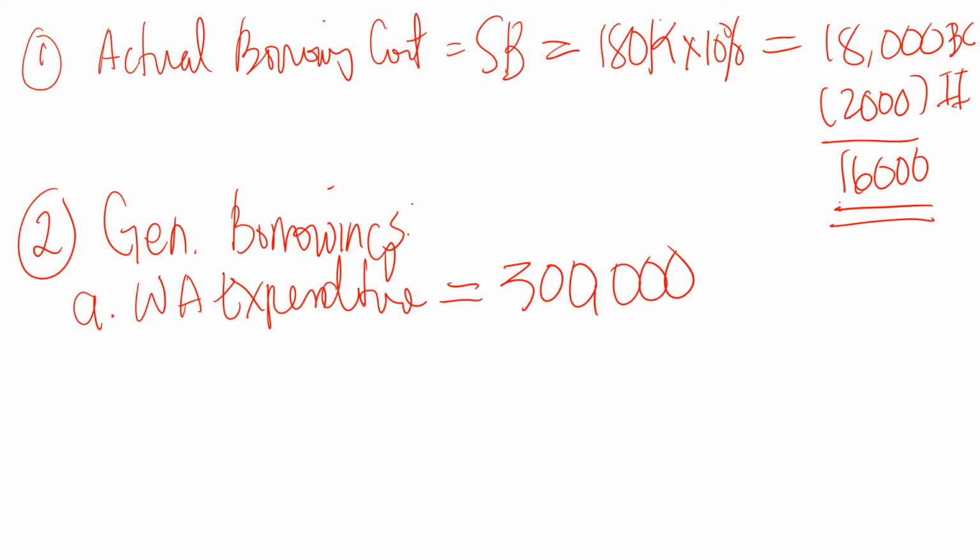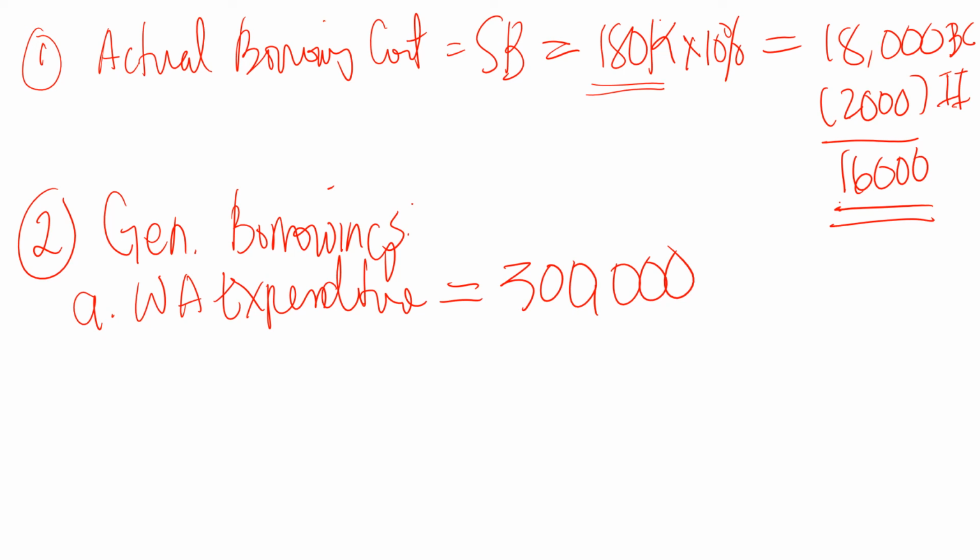Pero itong weighted average expenditures na 300,000 ay para sa building. Itong 180,000, niloan mo for the building. Syempre, itong 180, ginamit mo para dun sa building. Ito yung na-incur mo na for the building, 300. So, hindi itong buong 300 para sa general. Kasi yung 180, inutang mo para i-construct yung building.